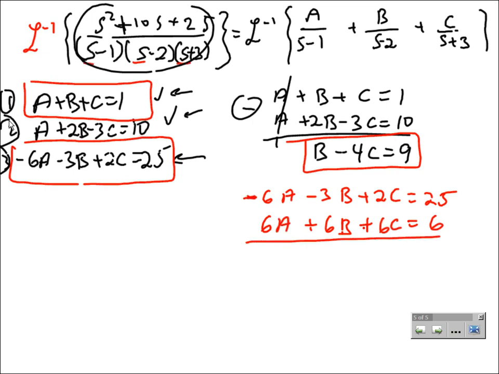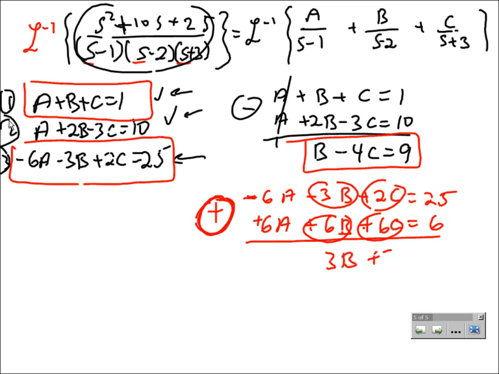If this is negative 6a and a positive 6a, I know I'm going to add to kill these off. Negative 3b plus positive 6b is 3b. 2c plus 6c is plus 8c. 25 plus 6 is 31. That gives me a second equation that just has b's and c's. I'm going to make sure I didn't make a silly mistake.